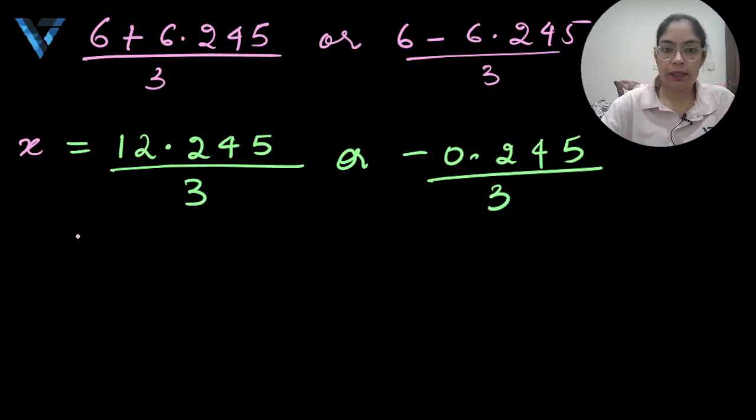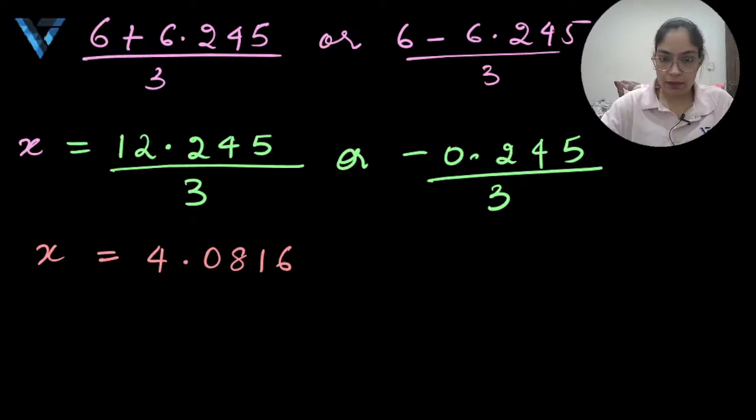So divide 12.245 by 3 and tell me what we will get. 4.0816. Now divide minus 0.245 by 3 and tell me what we will get here.